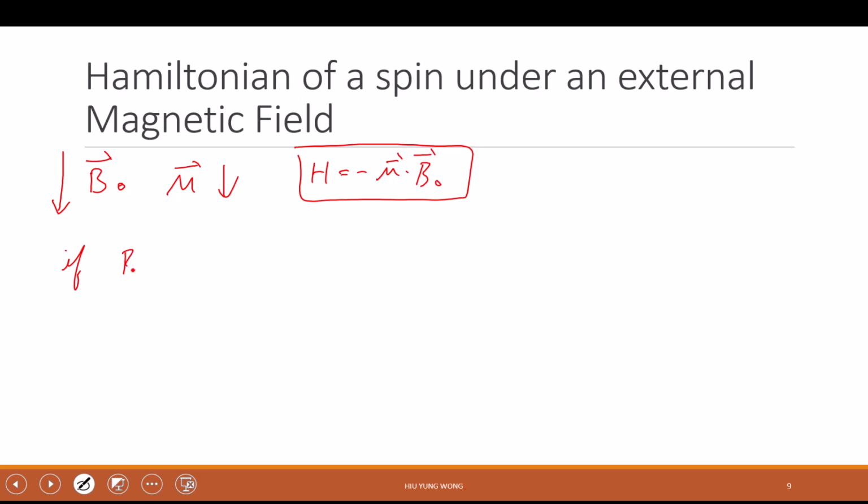If the magnetic field is pointing up and the magnetic moment is pointing up, what happened to the spin for the electron? Is it pointing up or down? Pointing down, because it's opposite, right? Is H positive or negative?